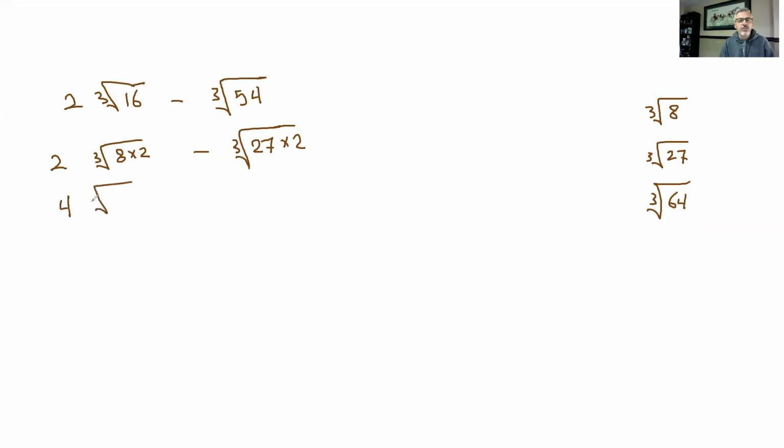And we still have a cube root of 2 that I cannot take the cube root of. Minus the cube root of 27 is 3. And I still have the cube root of 2 because I cannot cube root the 2. Therefore, now these are like terms. 4 minus 3 is 1 cube root of 2. We're going to go to the next question.